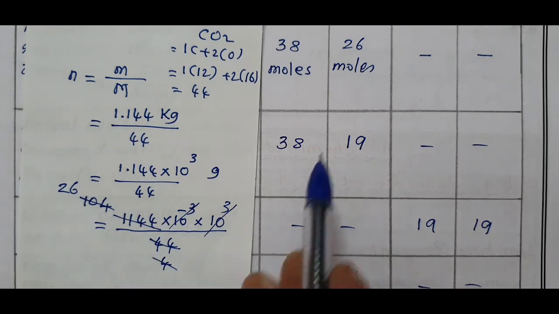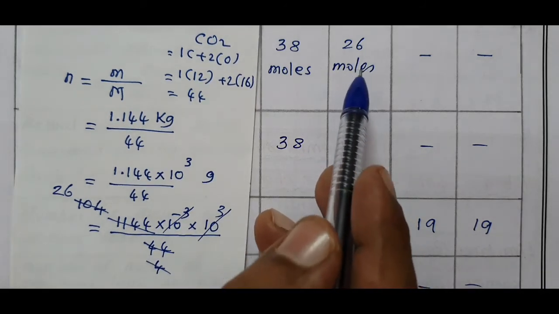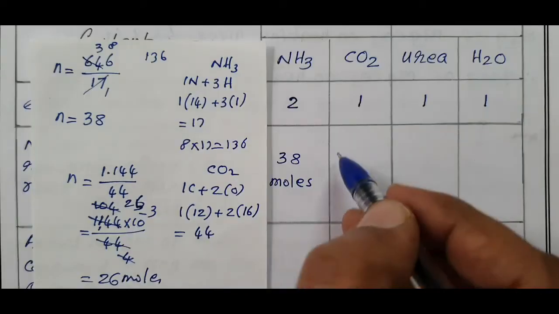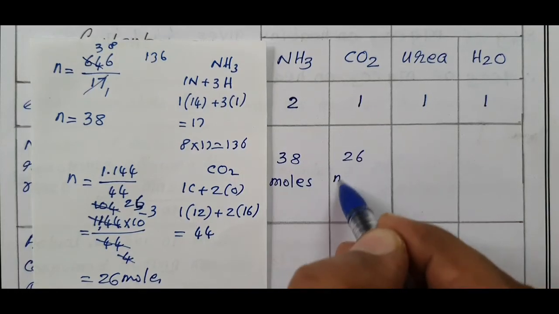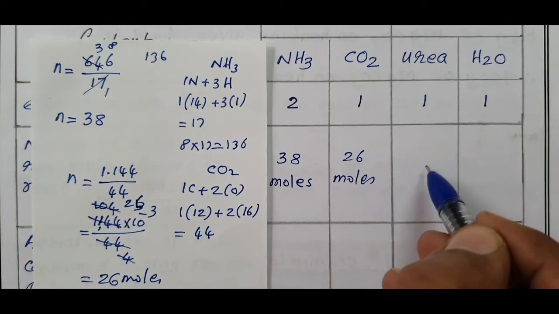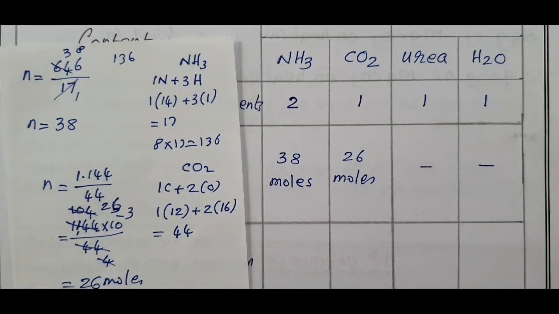The number of moles of carbon dioxide is 26 moles. Here you have 26 moles of carbon dioxide.